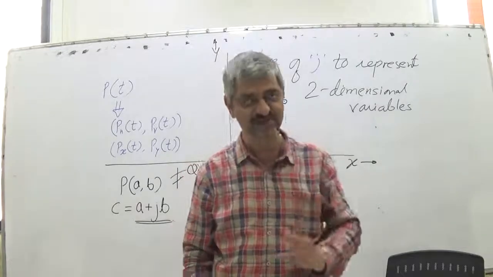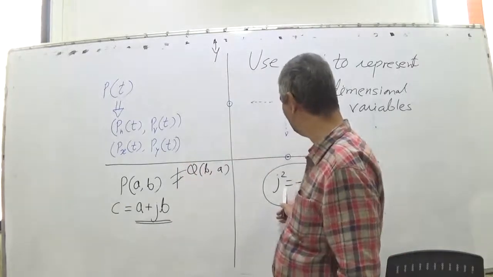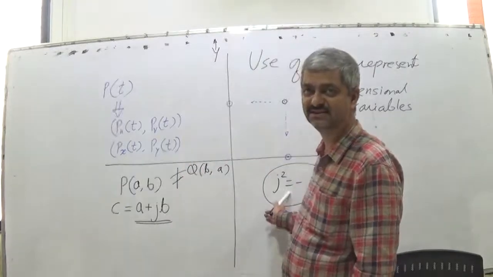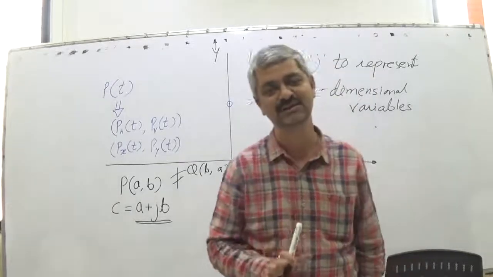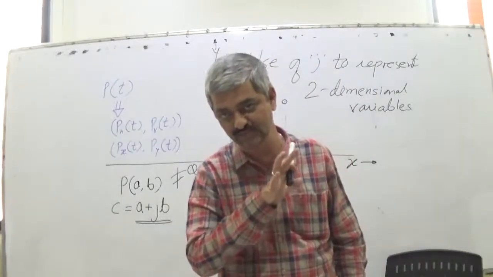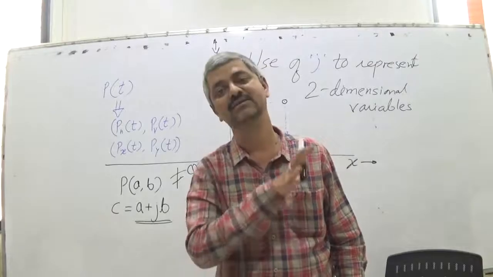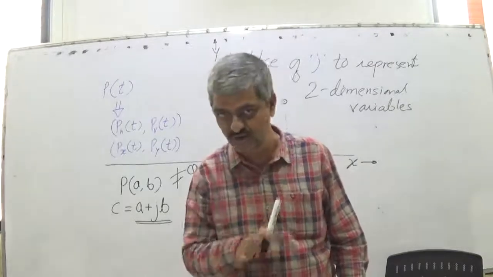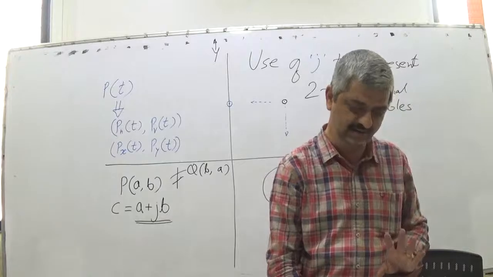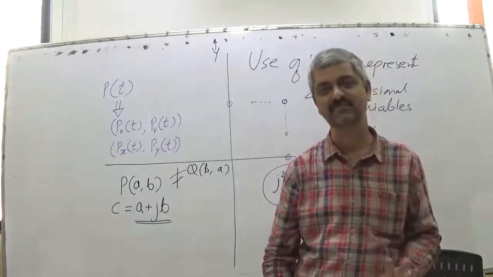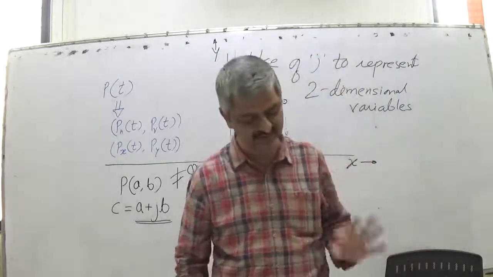Just this j square equal to -1 makes things very simple in carrying out the process of multiplication, addition, all these processes. So you always keep this in mind, that a complex number consists of two parts.